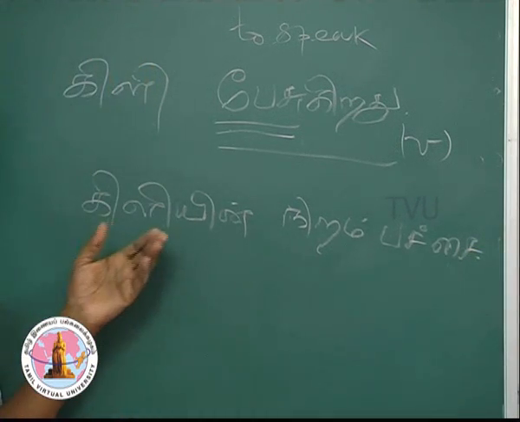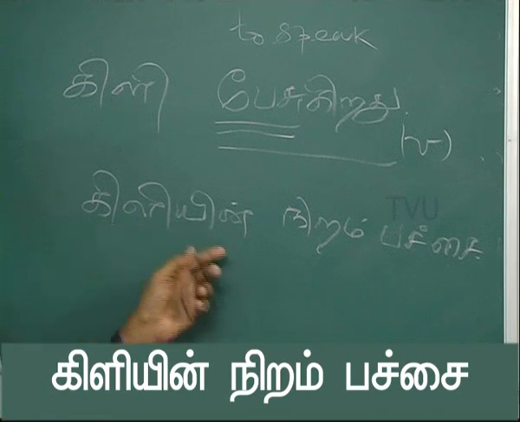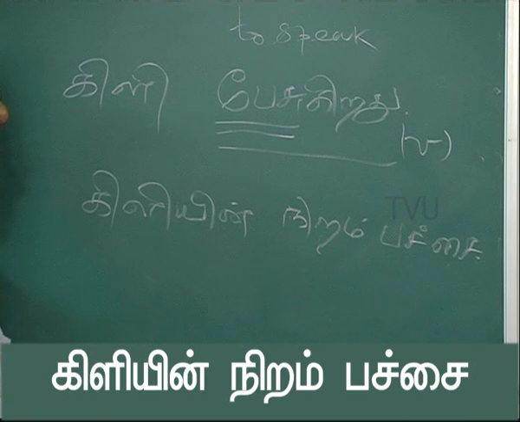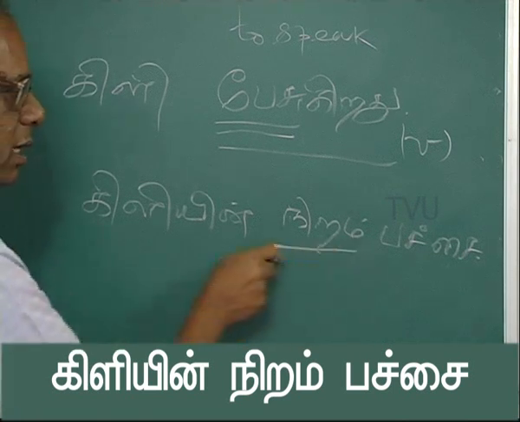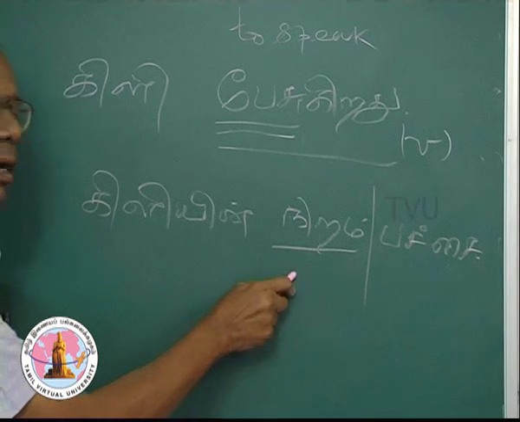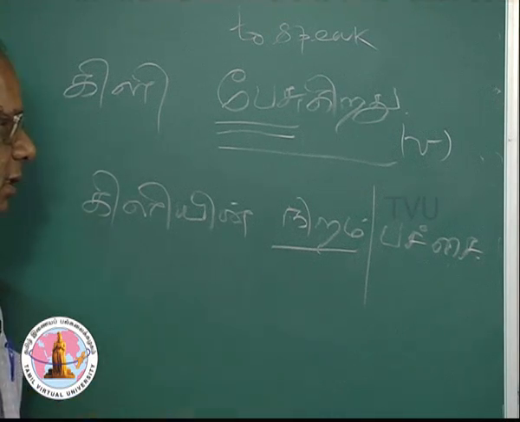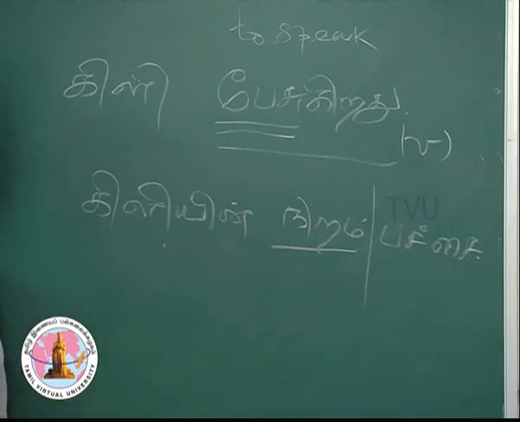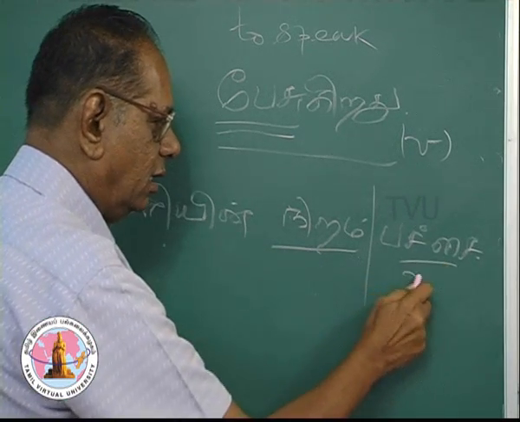I am using a sentence which you are already aware of. கிளியின் நிறம் பச்சை. நிறம் is the subject. நிறம், color. கிளியின் நிறம், color of the parrot. பச்சை, green.